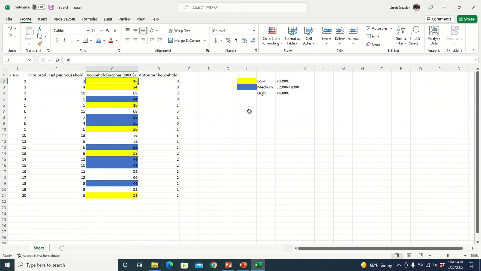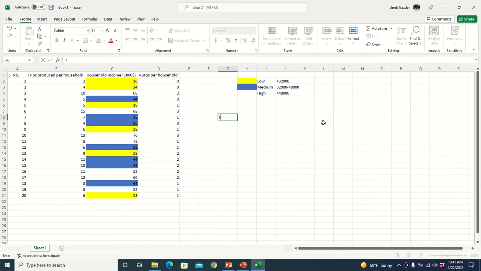So what percentage of households do we have from the low, medium and high income categories, and from each category what percentage have 0 autos, 1 auto, and 2 or more autos. I will prepare a matrix here.